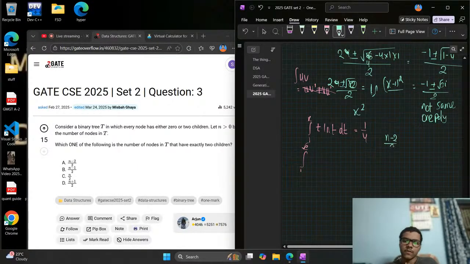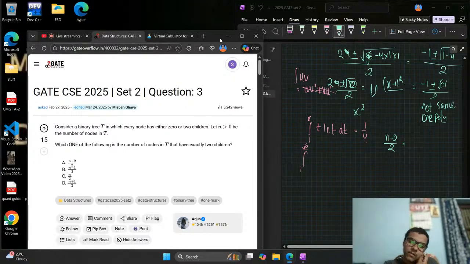And minus 2 by 2. What number of nodes? No idea.